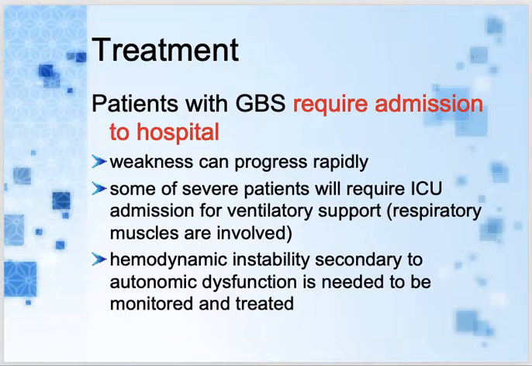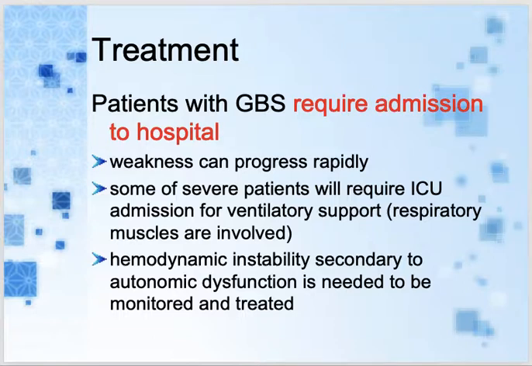So if I tell you the shortest version of treatment, it would be giving the patient intravenous immunoglobulin, or plasmapheresis, which we do in all the autoimmune type of conditions. We have to manage the pain. We have to monitor the vitals, because there is autonomic instability. And one very important thing: in patients in whom the respiratory system is getting involved, we do vital capacity monitoring. So this is important.